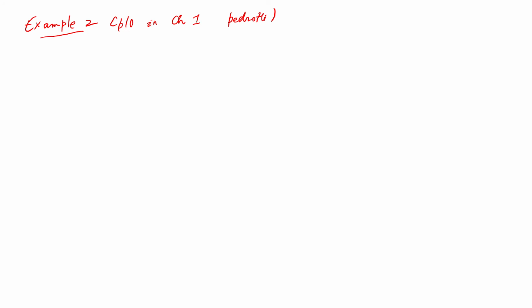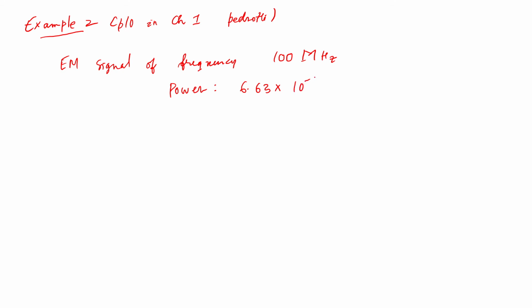Here we have an electromagnetic signal of frequency 100 megahertz, and the power is given to be 6.63 times 10 to the power minus 16 joules per second. The first thing we are asked to calculate is the wavelength of this signal.